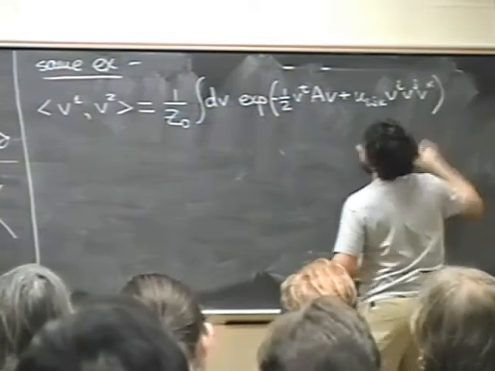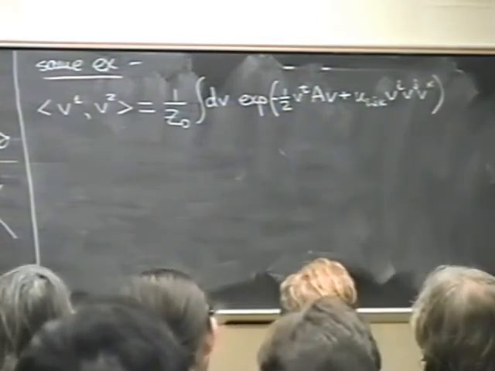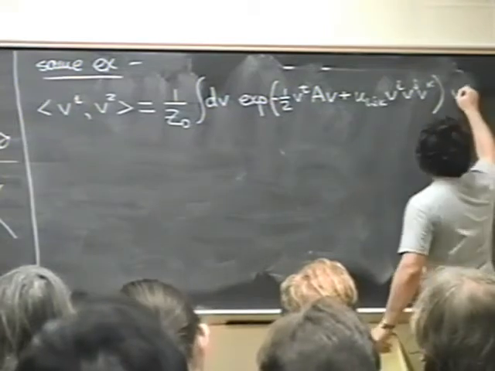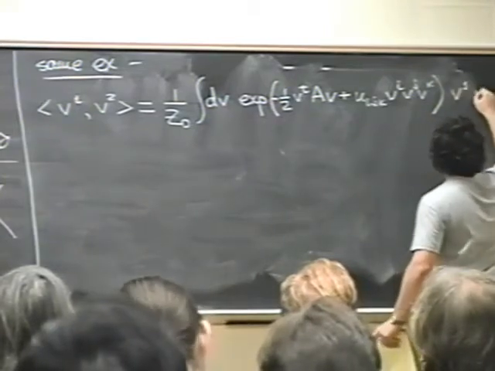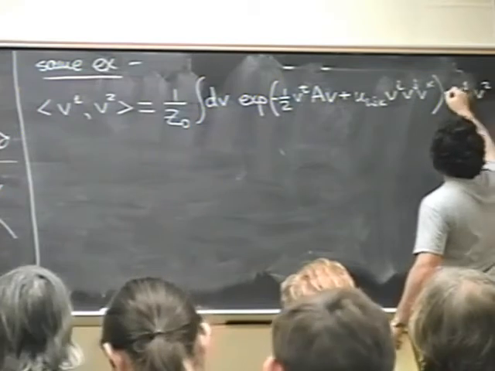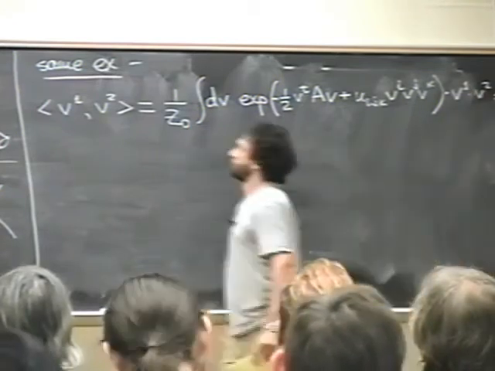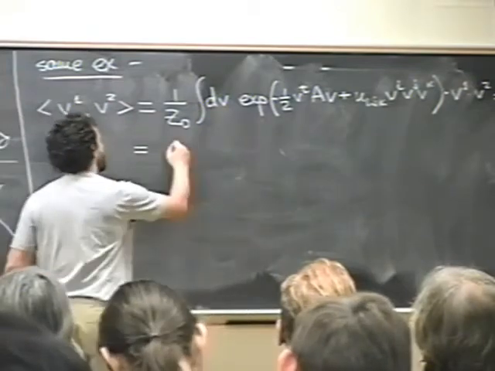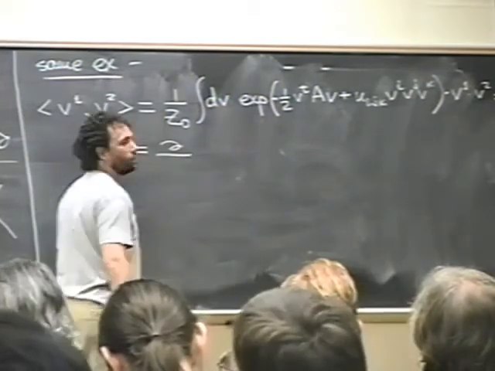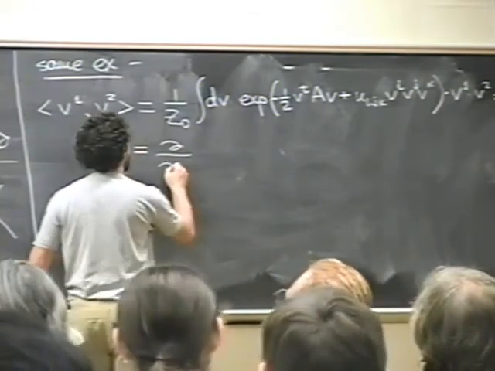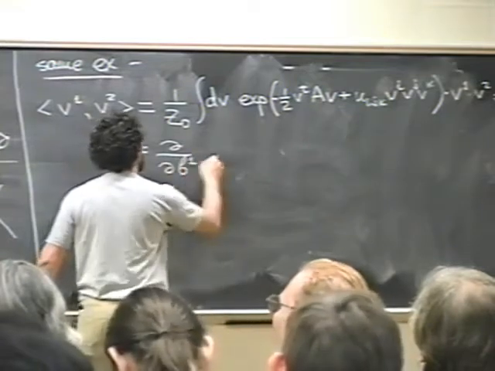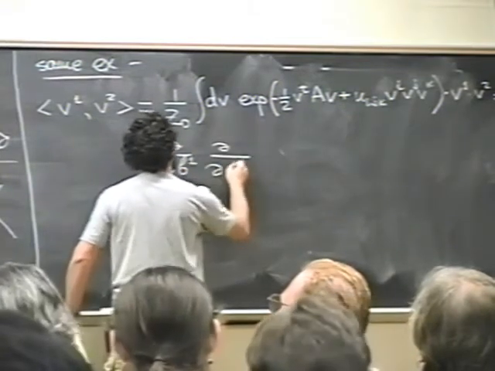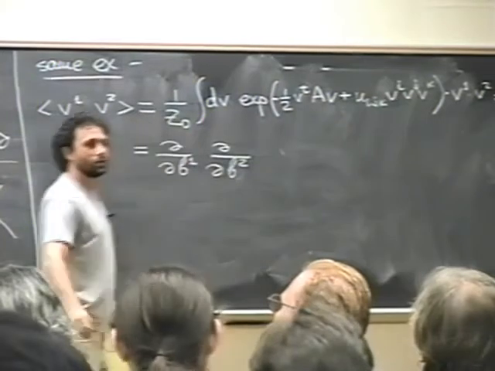But now, in addition to this exponent in the integrand, I also have the product of v1 and v2, which leads me to two additional derivatives. I should take the derivative by v1, v2.